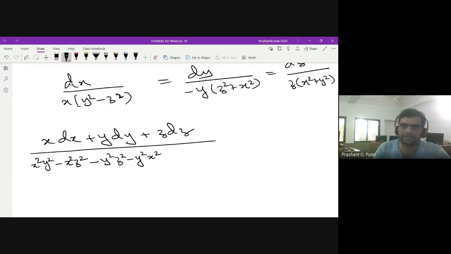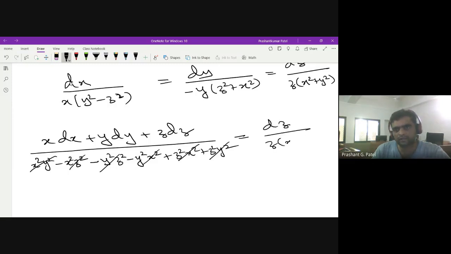Here I'm multiplying by z, so it is z square x square plus z square y square. Note that these quantities cancel out.